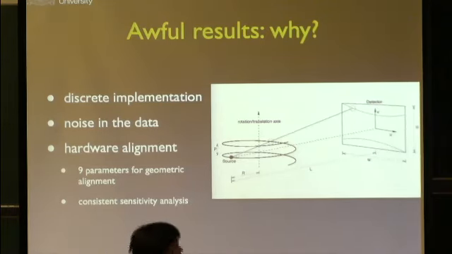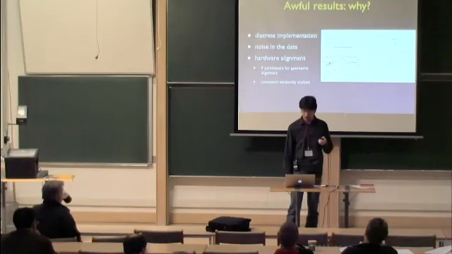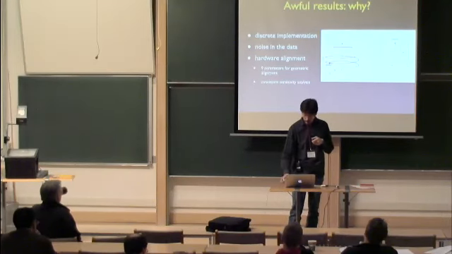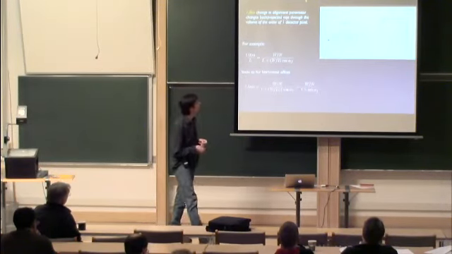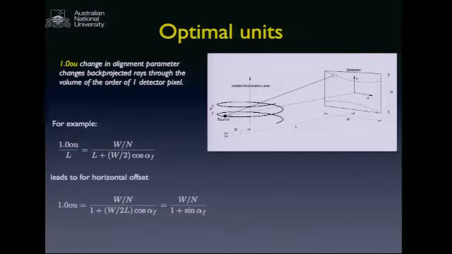So in order to look at that, we need at least to analyze these alignment parameters. We need some sort of consistent way of looking at the sensitivity of the reconstruction. And we decided to look at what we referred to as optimal units.